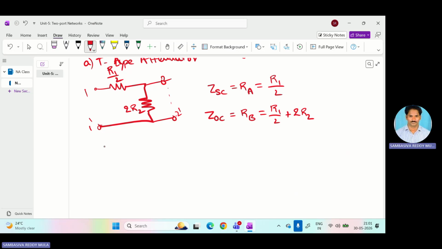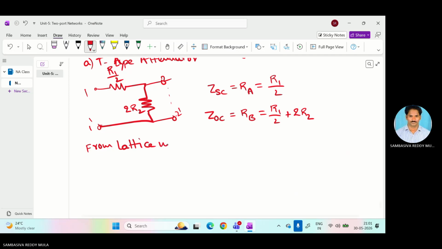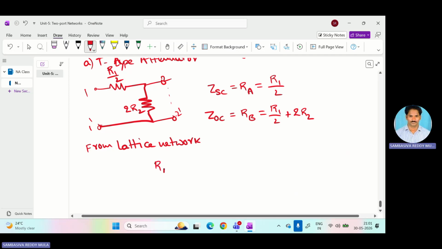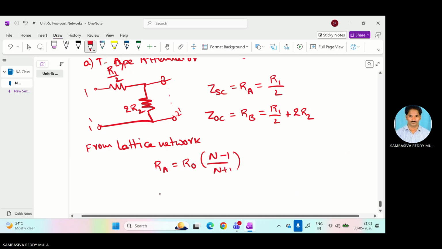So we know for a lattice network, RA is nothing but R0 into n minus 1 by n plus 1, and RB is R0 into n plus 1 by n minus 1.